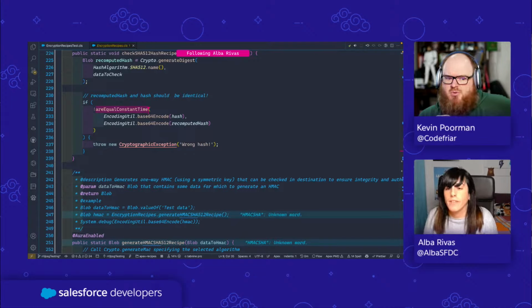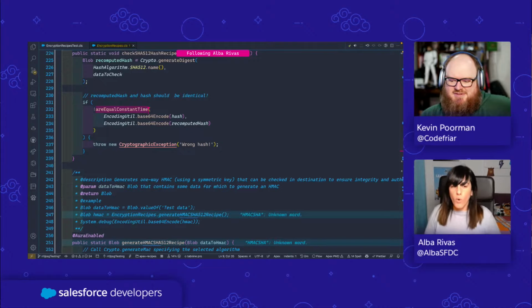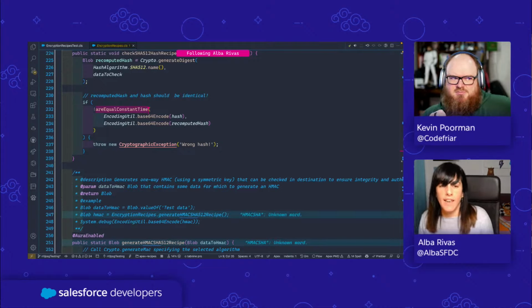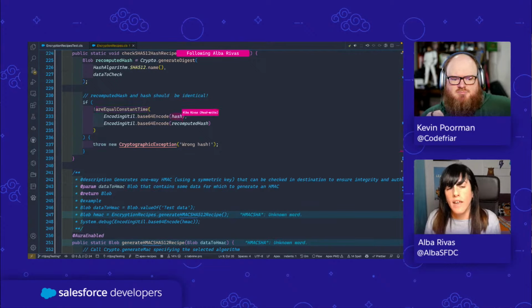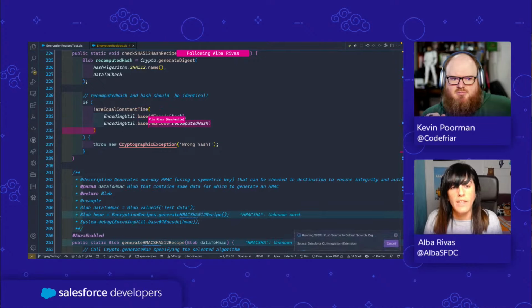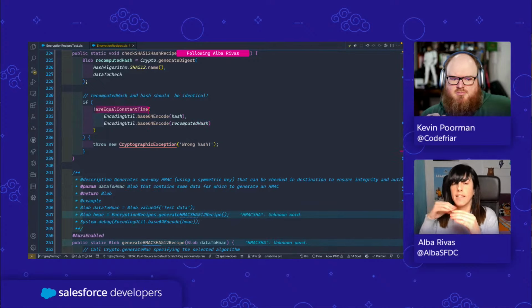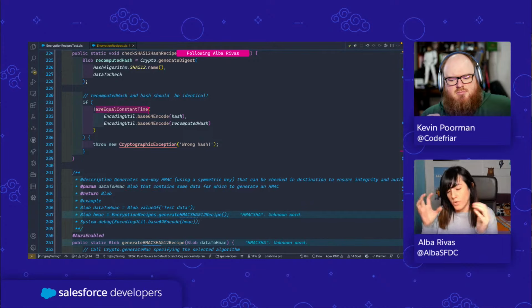All right, I'll bite. What is an equals constant time function? Okay, so imagine that depending on the strings that I have to compare, the comparison function takes less or more time. For instance, if I need to compare two particular strings, in a particular case it takes 10 milliseconds to execute.